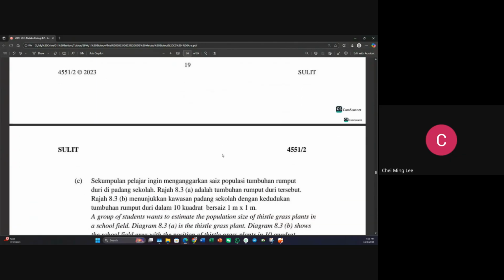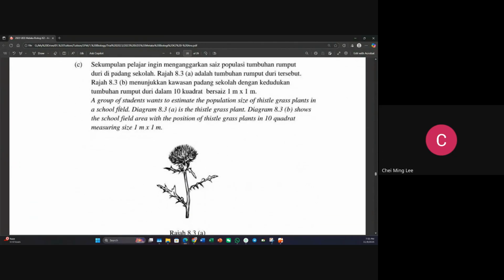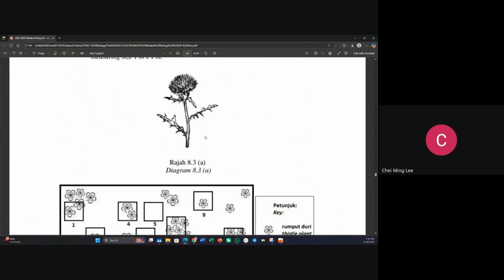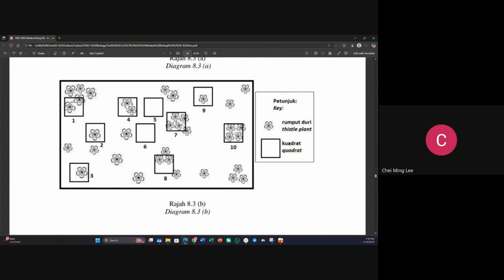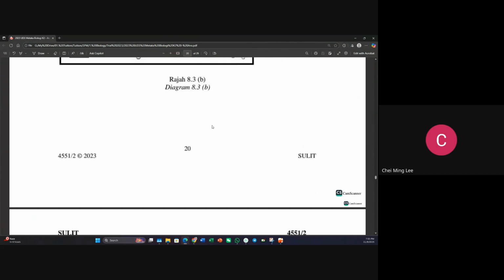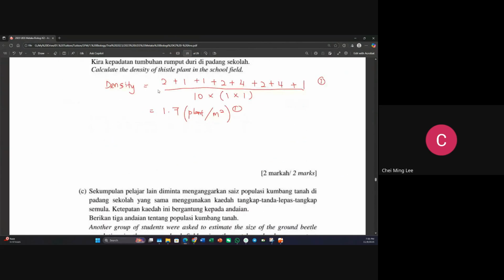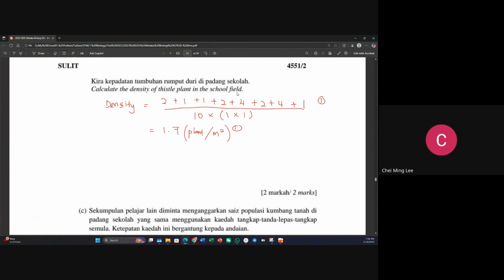Okay, next. A group of students wants to estimate the population size of thistle grass in the school field. This is a thistle grass. The diagram shows the school field area with the position of thistle grass in 10 quadrats, each measuring 1 meter by 1 meter. Now calculate the density of the thistle plant in the school field.